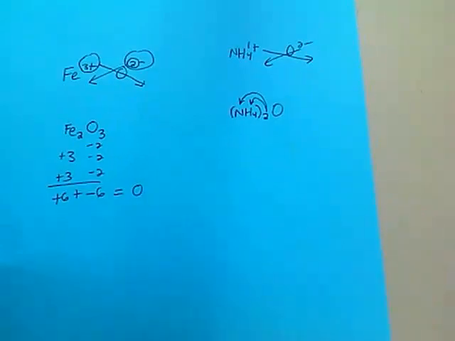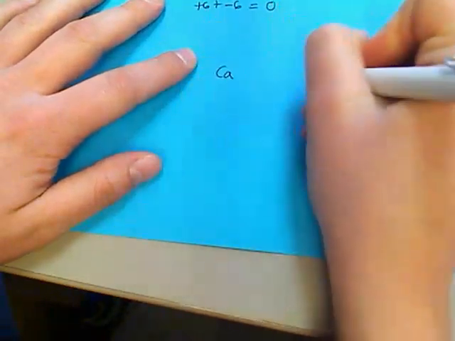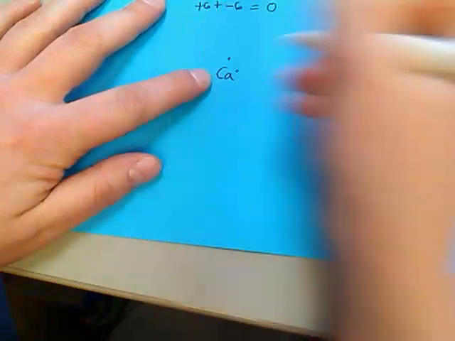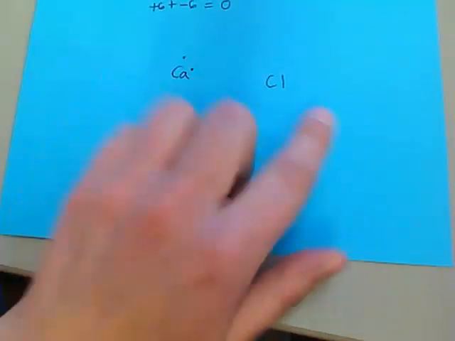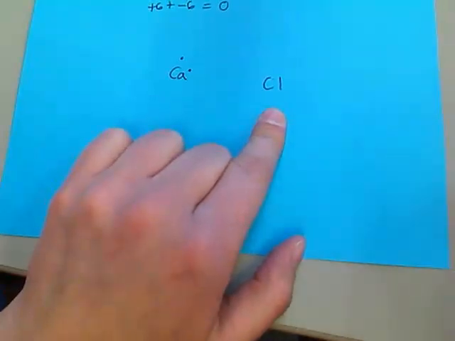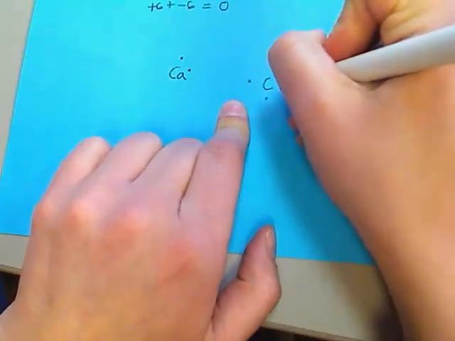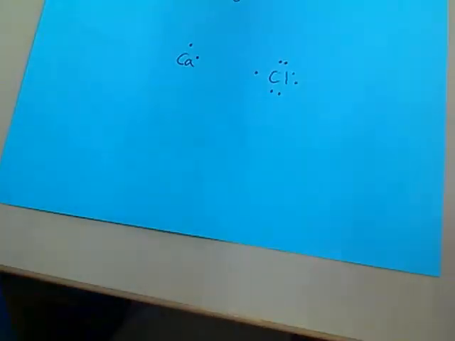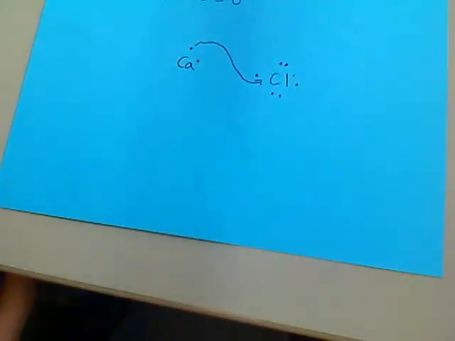Let's just review Lewis structures real quick. Let's look at calcium and chlorine. So calcium has 2 valence electrons according to the periodic table because it's in group 2. It's an alkaline earth metal. Chlorine is a halogen. So if you look, it's in group 17, so it's going to have 7 valence electrons. Okay, calcium gets rid of 1, but wait, we have another.